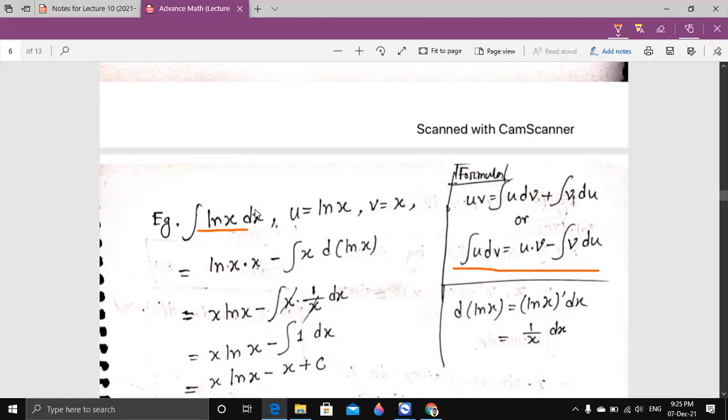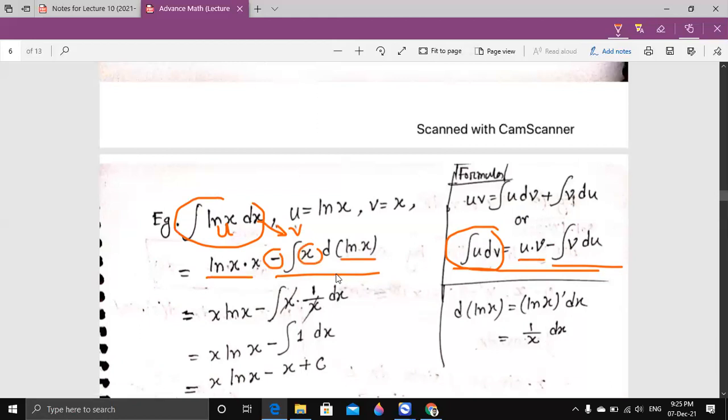You see here we have integration of u dv, because ln x is equal to u and x is equal to v. So this will be u multiplied by v minus integration of v, that means x, du.